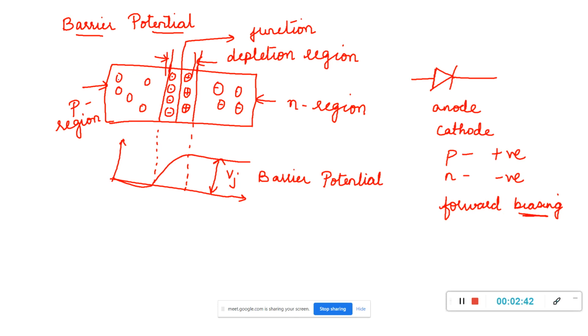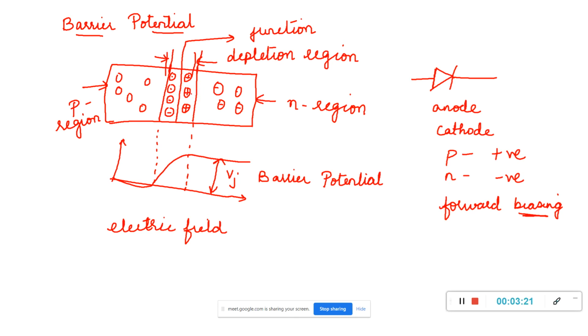Here let me talk about the barrier potential. I have already described the depletion region. Due to these immobile positive charges on the n side and negative charges on the p side, there exists an electric field across the junction, and this electric field creates a potential difference across the junction, which is known as the barrier potential.